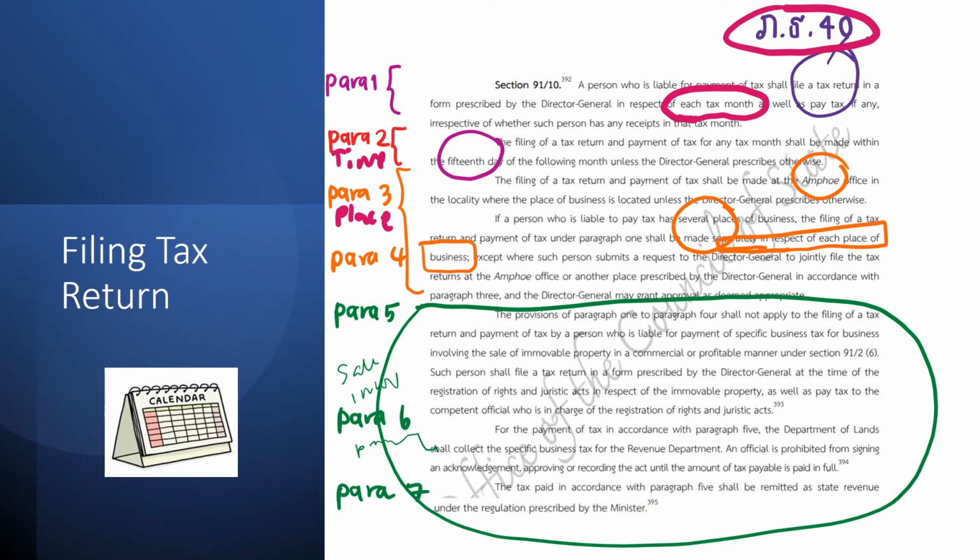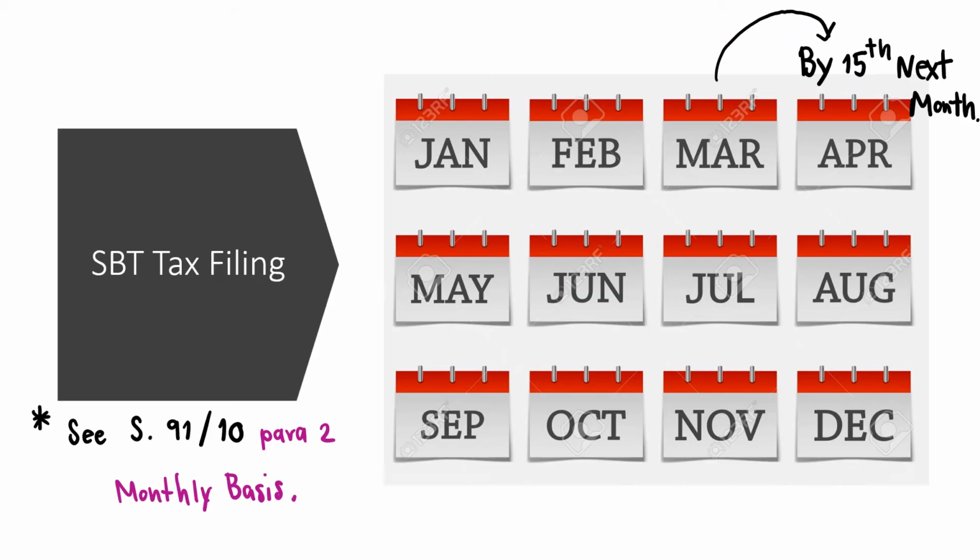So the green one represents the tax return filing in the case of selling immovable property, which has a special method and a special tax authority that has the authorization to collect SPT on behalf of the Revenue Department.